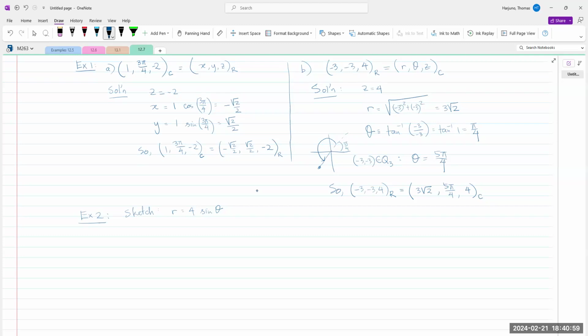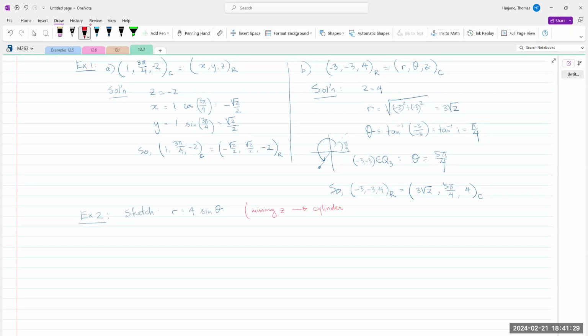Can we identify that? What does the graph look like? Well, notice that this equation does not have a z component, missing z. So this later on will become a cylinder. It's a surface parallel to the z-axis.